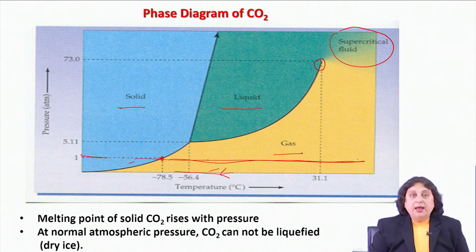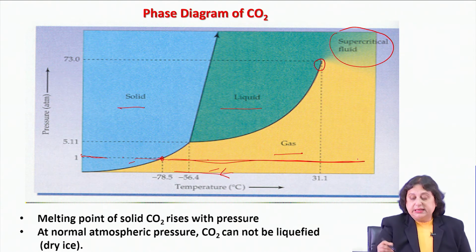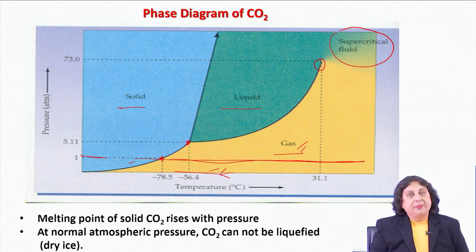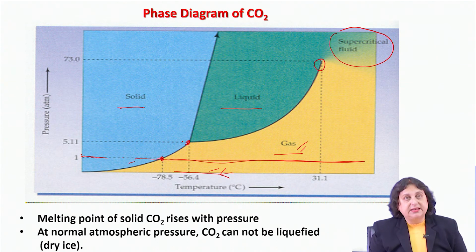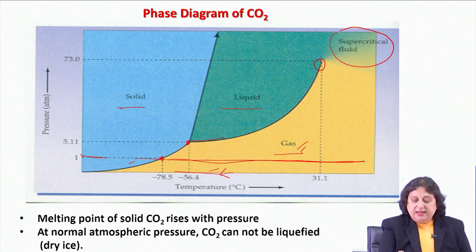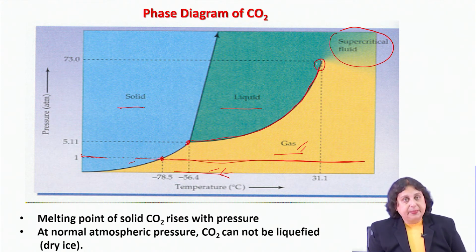Or I can otherwise also say that if I want to liquefy the gas, then I have to go at least beyond this point, at a pressure higher than, say, 5.11 atmosphere, such that I hit the liquid-gas coexistence line.